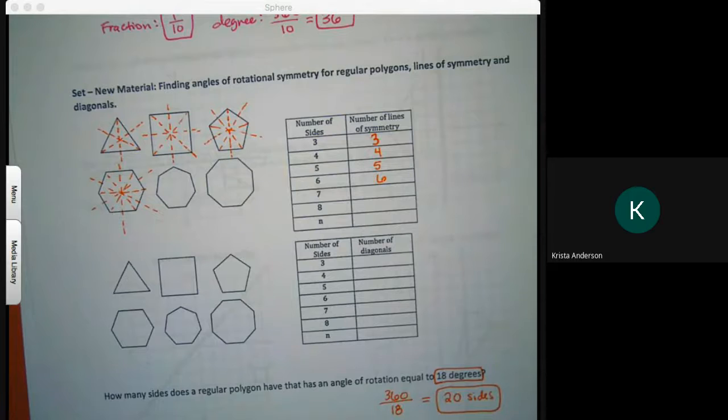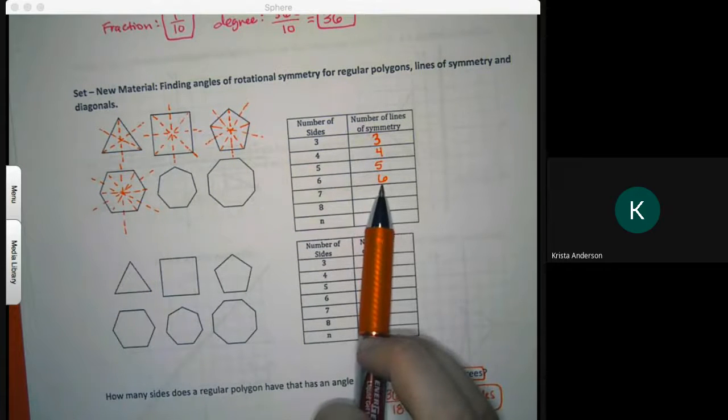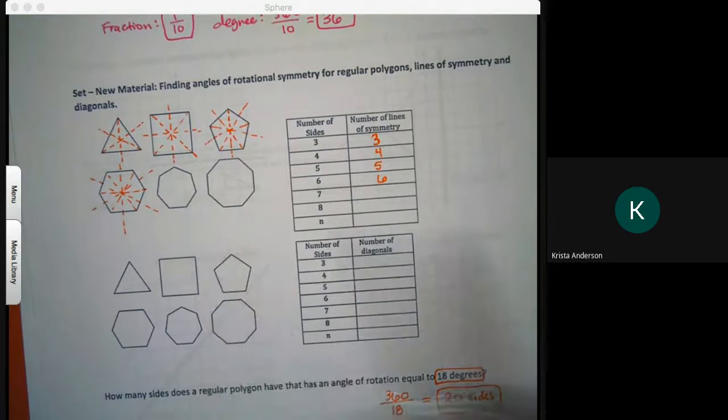Do you notice the pattern? What is it doing? It's just folding in half. It's how many sides it has. So if it has 6 sides, it has 6 lines. If it has 7, it will have 7.